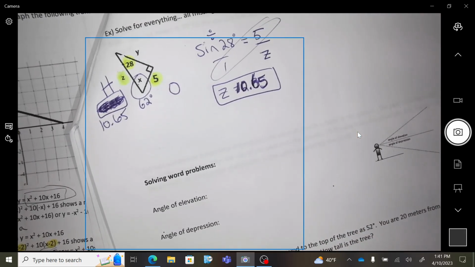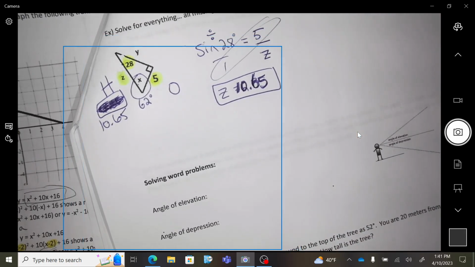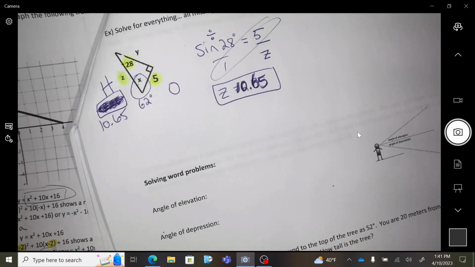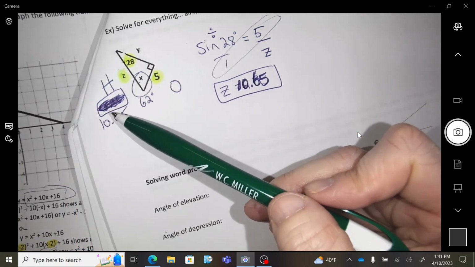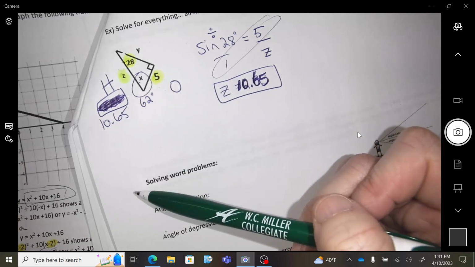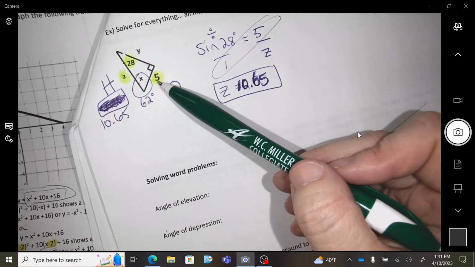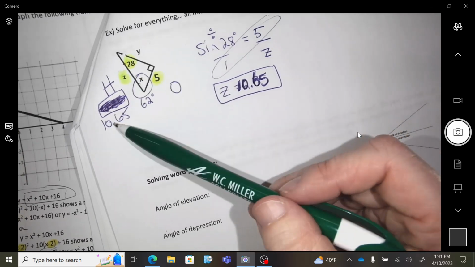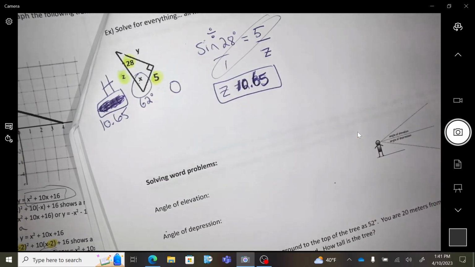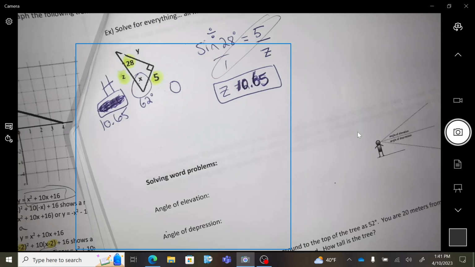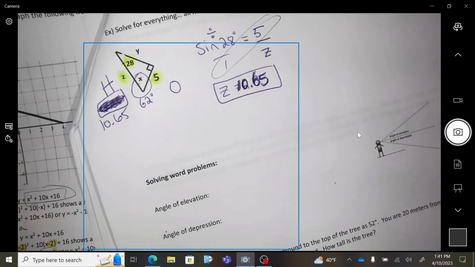What do you want to do to get Y? We got lots of options here. You can do Pythagorean theorem with add or subtract. You would do a subtract, or you can set up some other SOHCAHTOA ratio again. We've got lots of ways to solve it now.